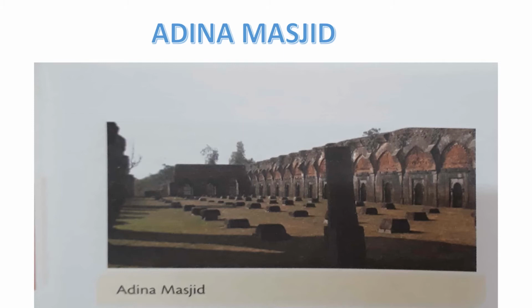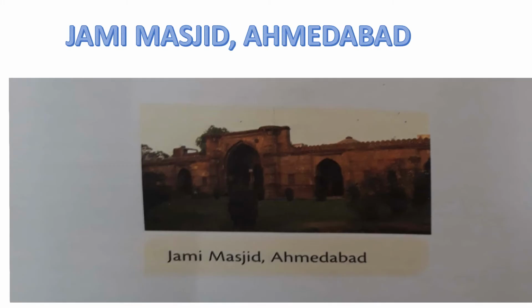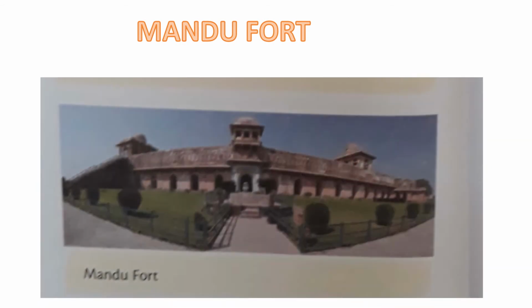Adina Masjid is an example of this. This is a Jami Masjid which is situated at Ahmedabad. It is a combination of Hindu and Muslim styles. This is Mandu Fort.